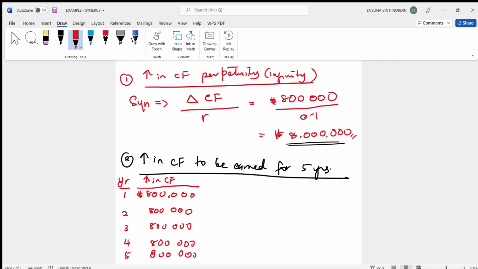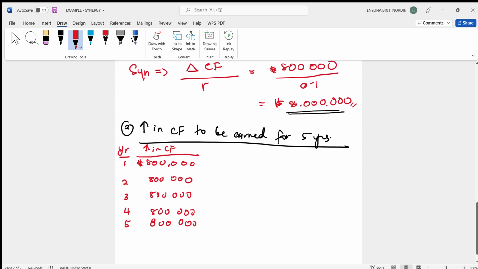I think you are familiar with this table. We know that the discount factor is 10%, so you need to find out the 10% value in the present value table.